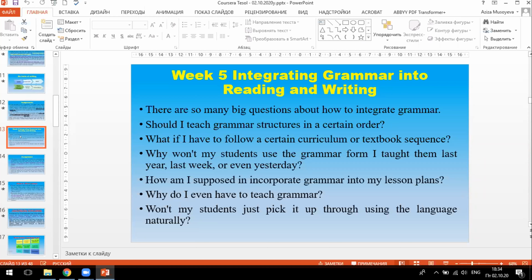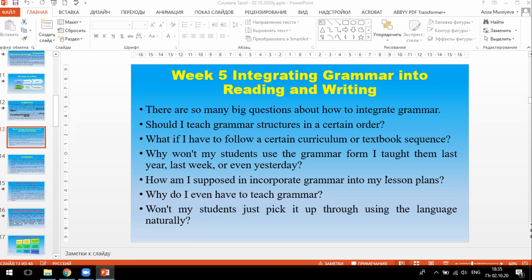Usually, when I aim at teaching reading, if there is an instance where my students have a new grammar point, I try to explain it, or when they make grammar mistakes when speaking, after they're speaking, I can explain that grammar structure and so on.